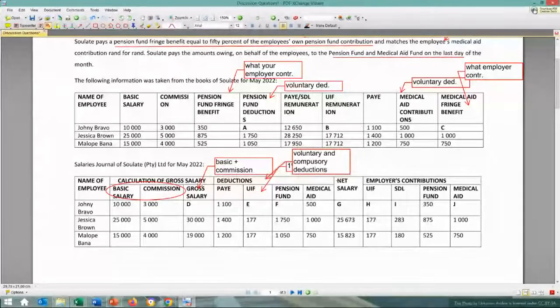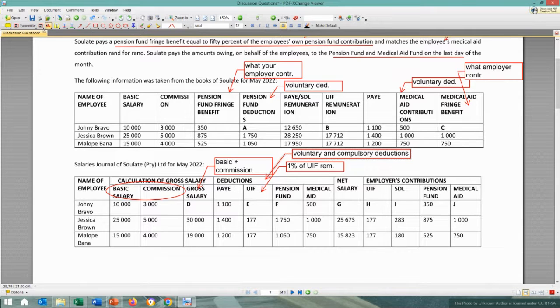Okay, so these deductions represent both our voluntary as well as compulsory deductions from an employee's salary. Okay, so remember pension fund I said is a voluntary deduction. Now based on that information, what did the employee ask that should be deducted from their salary?